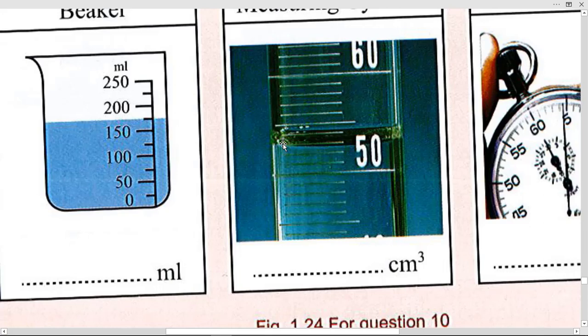This is where students make mistakes. They just take the upper meniscus. So whenever you have a liquid, you have to take the down meniscus. But very interestingly, if you have mercury as a liquid inside a glass container, you will take the upper meniscus.